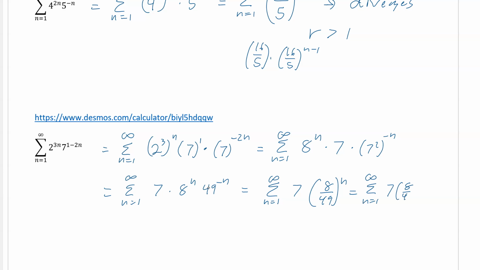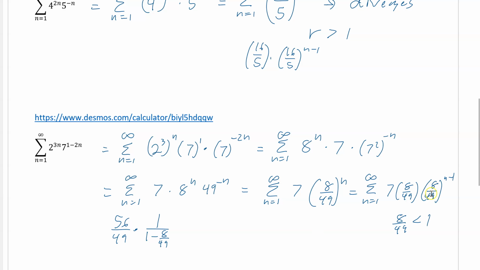So 8 over 49, and then 8 over 49, n minus 1. Now we can apply everything. So it's 7 times 8, that would be 56. So 56 over 49 times 1 over 1 minus 8 over 49. So here, 8 over 49 is less than 1, which means it's going to converge.